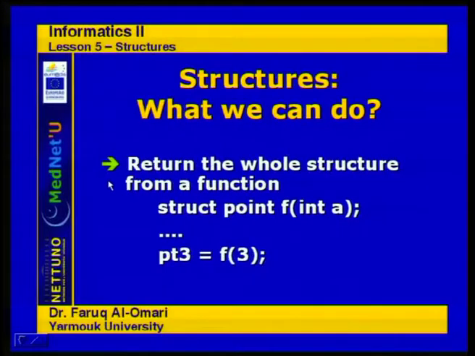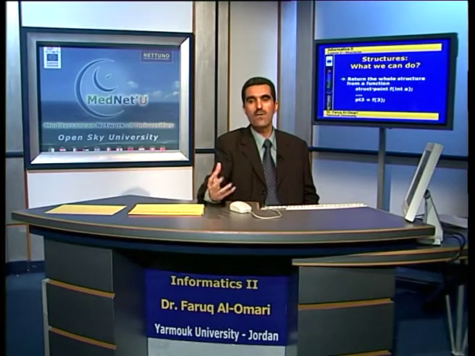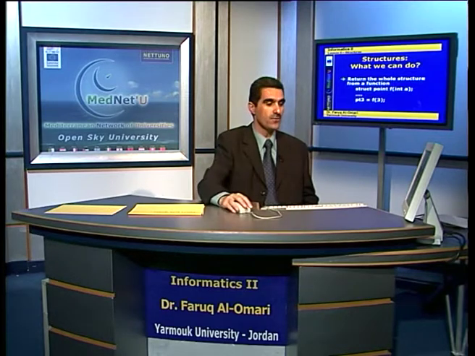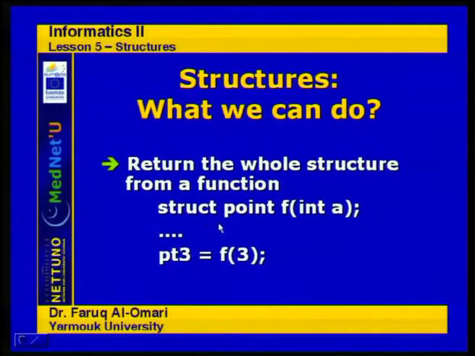I can, as in here, return the whole structure from a function. So the return value of the function could be of type structure as well. If you would like, in the definition, this function f, which takes a of type integer as its argument, makes a return value of type point, of type structure.